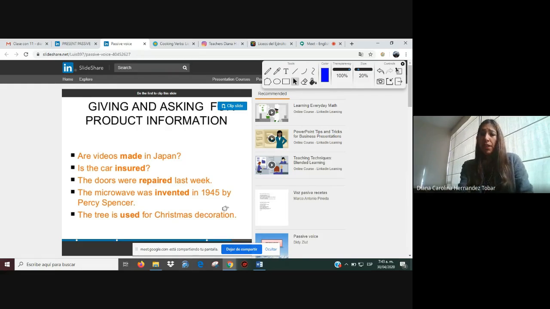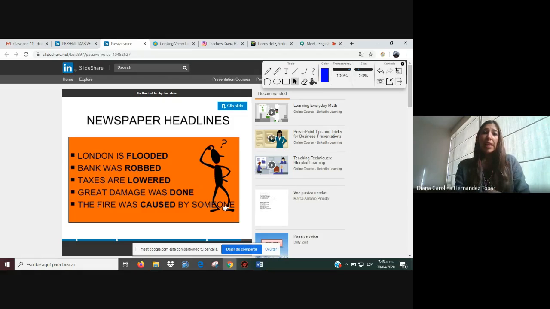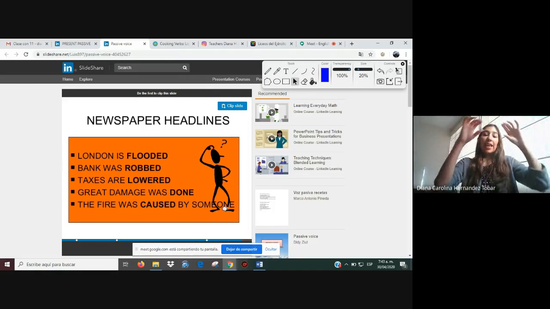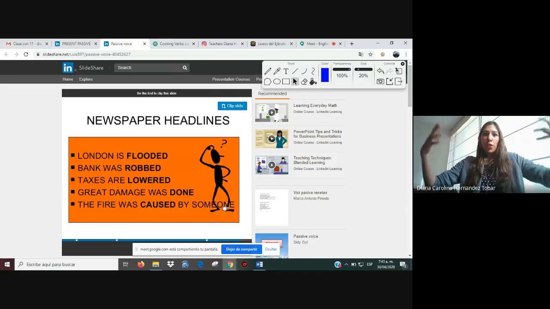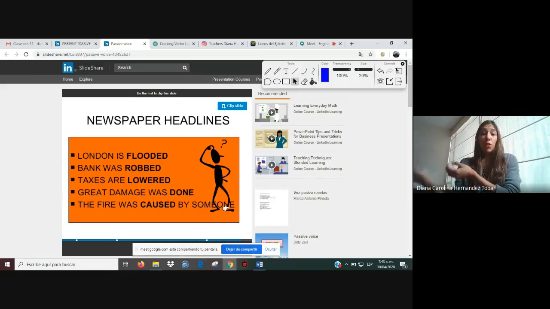Okay, let's continue with the other one. Now, when you read the newspaper or the news on TV, the headlines are those big titles to introduce what the news is going to be about, right? So we have here some headlines as examples of a newspaper.